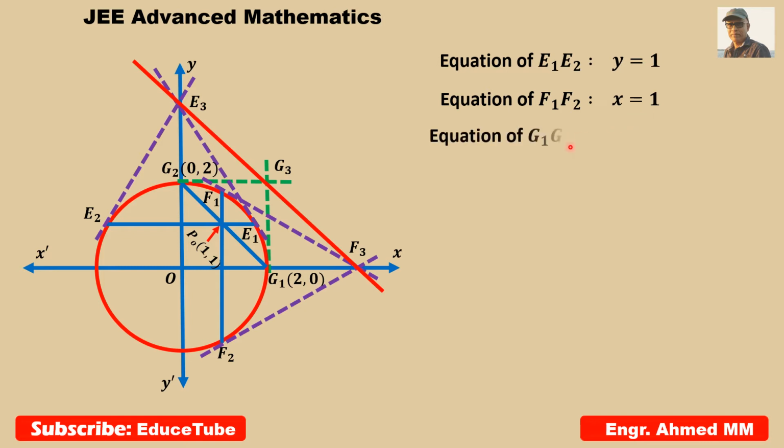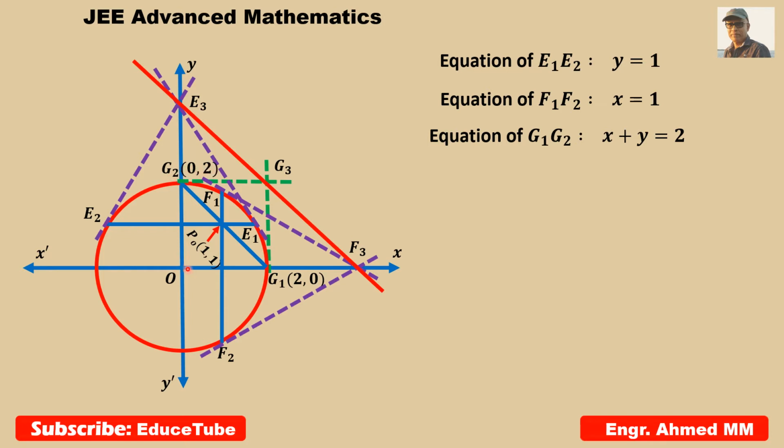Now the equation of this G1, G2. This line intersects the x-axis at (2, 0), and it intersects the y-axis at (0, 2).